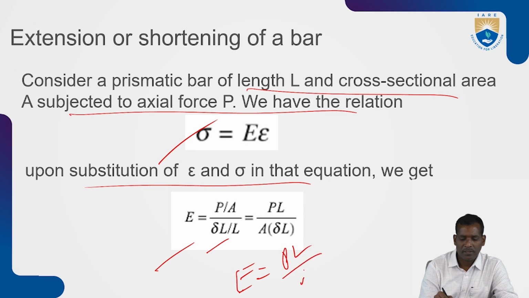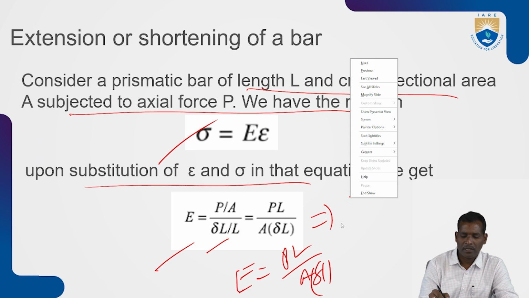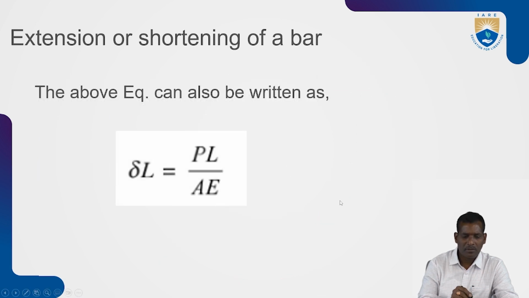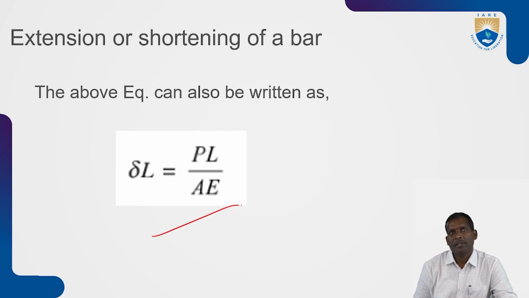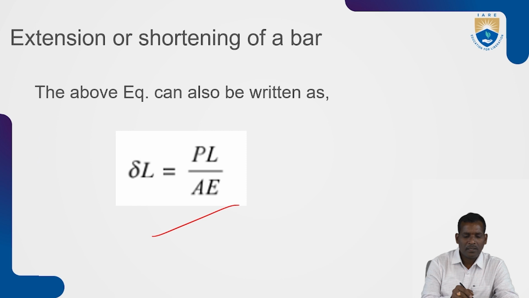Now we can write delta L is equal to PL by AE.